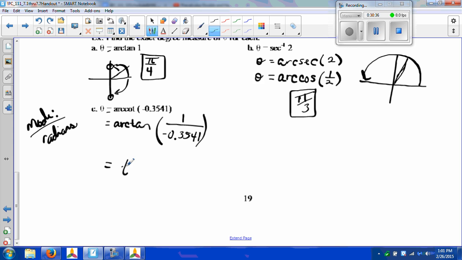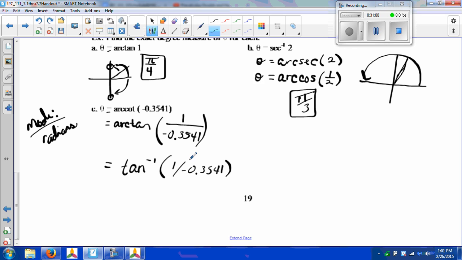You have to hit the tangent inverse, and then 1 over negative 0.3541. Doesn't matter where you put the negative sign. So then tangent inverse of 1 over negative 0.3541.